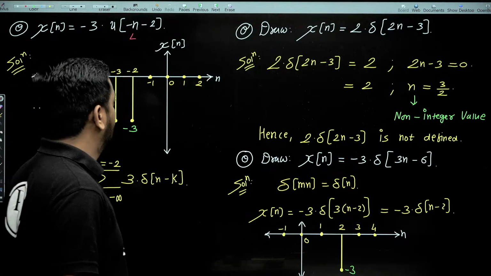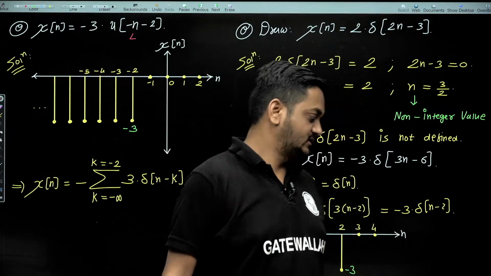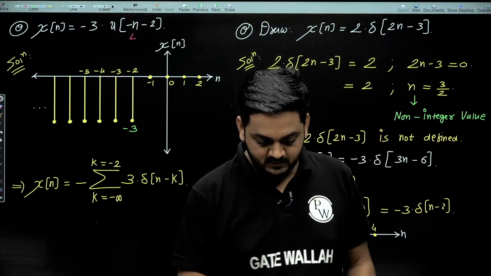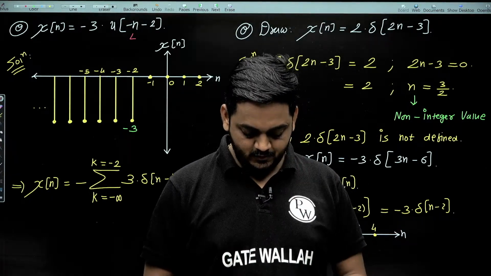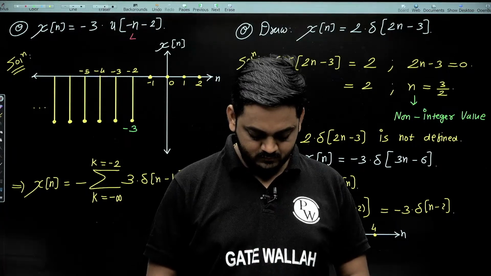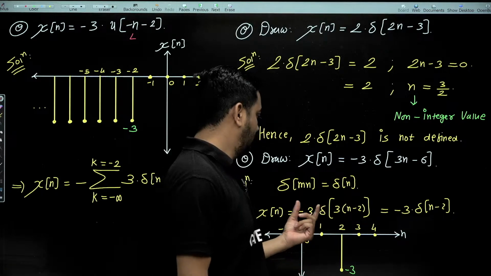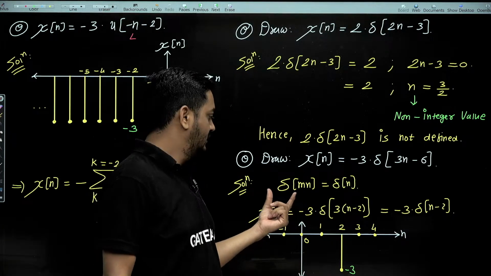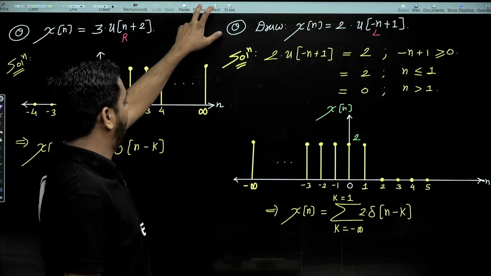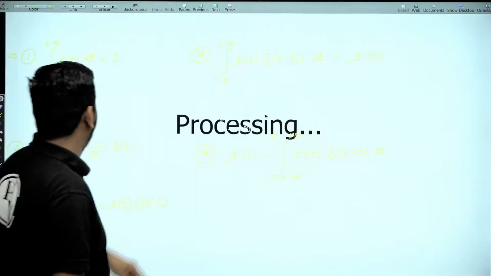Okay, so let me finish this lecture here, guys. Scaling operation will not give any effect on the impulse function. This is the property del of mn, I told you the different properties already.